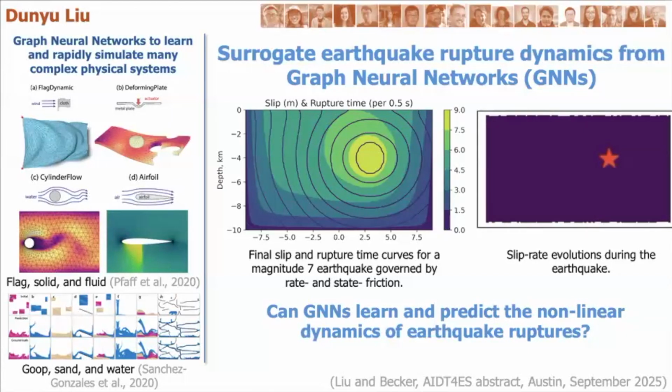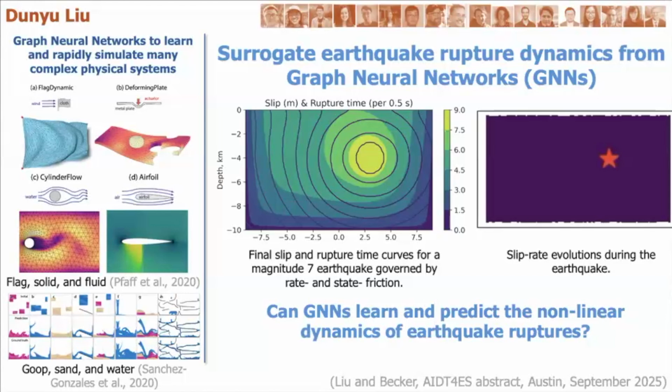Here we ask: can the GNN, the graph neural network, learn and predict the nonlinear dynamics of earthquake ruptures? Here is a typical earthquake rupture simulation. This is the earthquake fault, and we have slip, the relative displacement between the two walls of the solids.